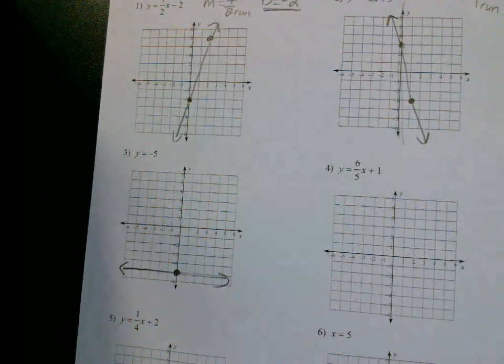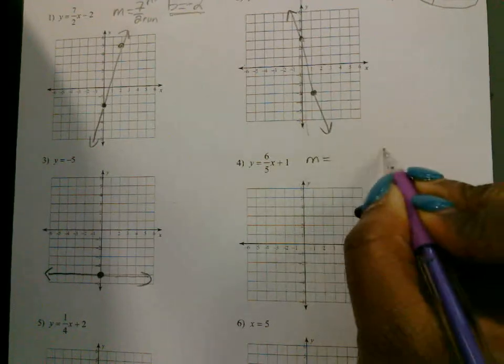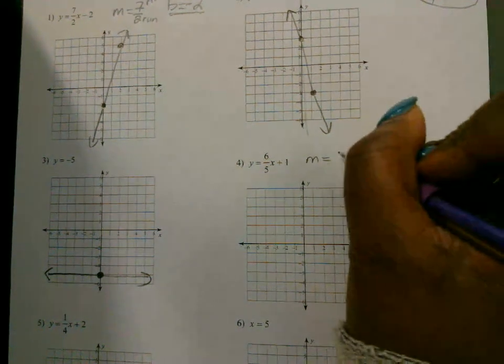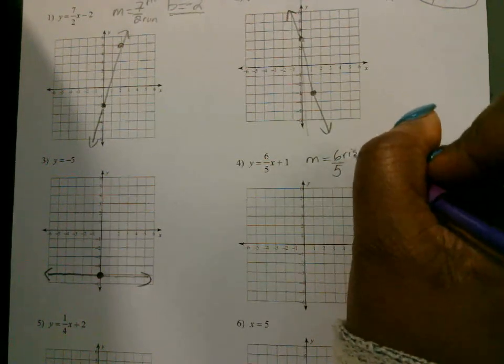All right, let's try it. Okay, so let's label M and B. Okay, what's my M here? 6/5. This is my rise.